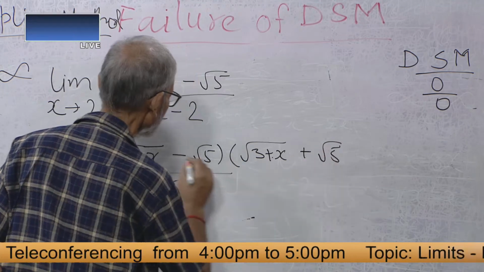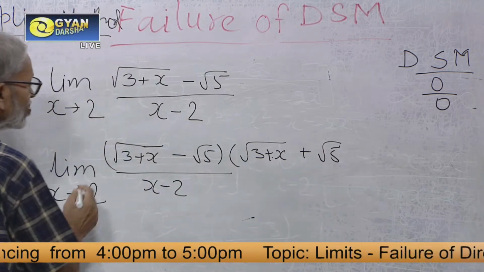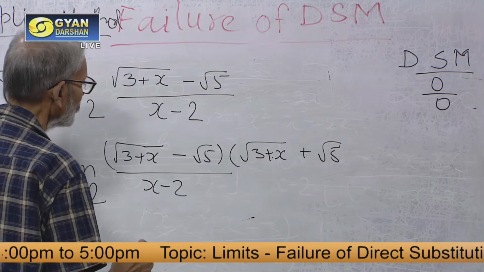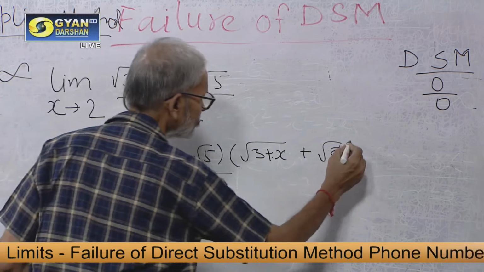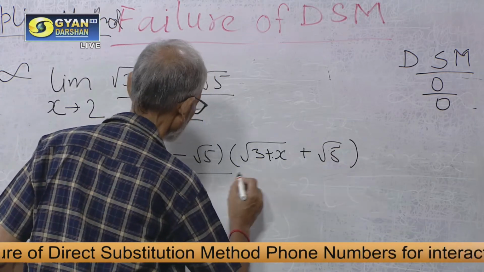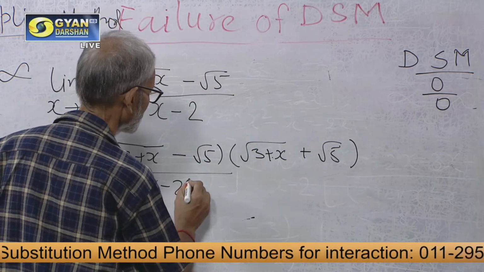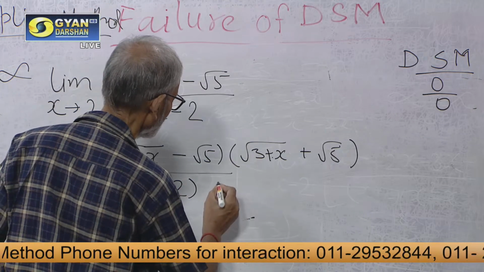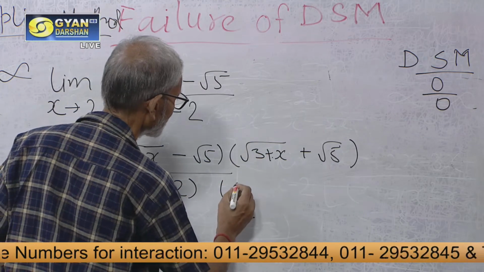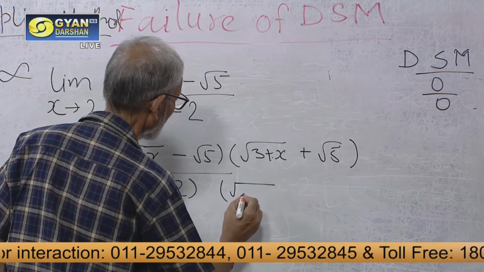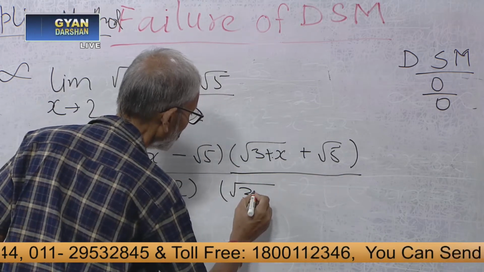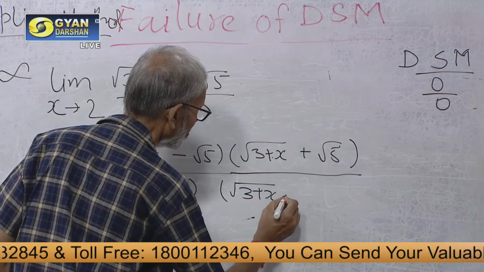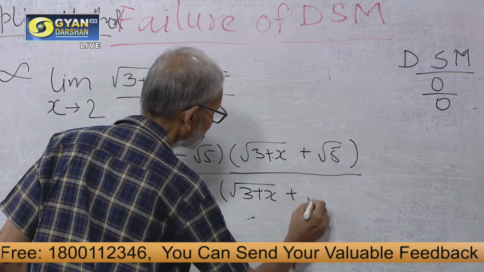Here it is minus, so we will put plus, so that we will use x minus y into x plus y is equal to x square minus y square. We have to multiply numerator and denominator with the same thing, otherwise the value will change.